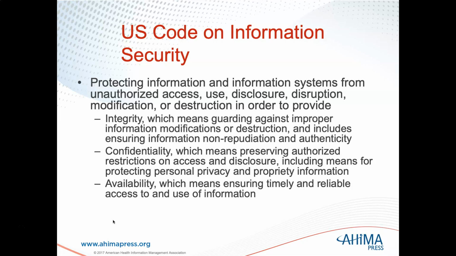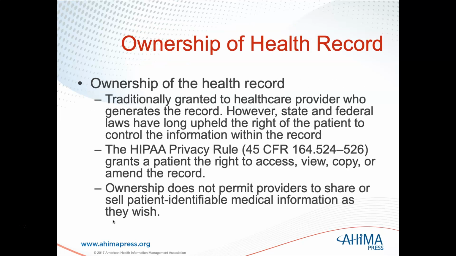You need to provide those. That's what you're doing, is you're protecting information and information systems in order to provide integrity, confidentiality, and availability. And what that means is you're keeping unauthorized individuals from accessing, using, disclosing, disrupting, modifying, or destroying health information or the systems themselves.